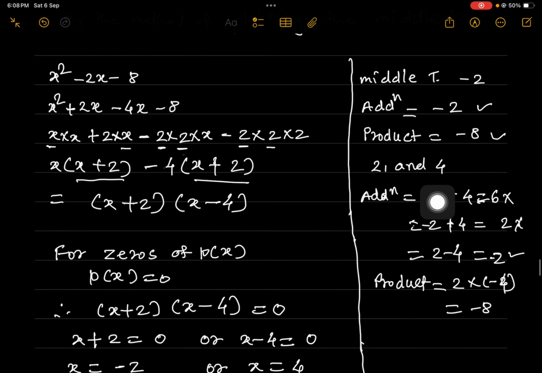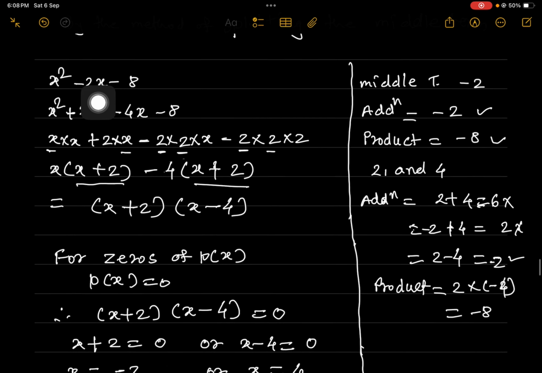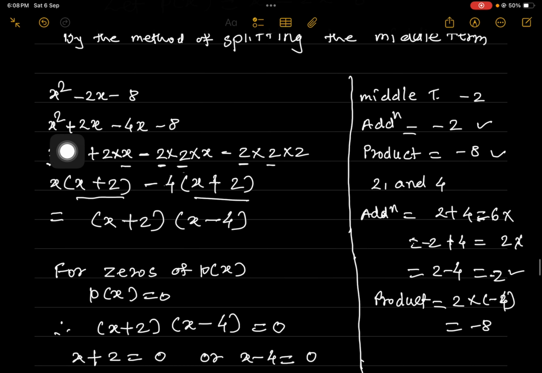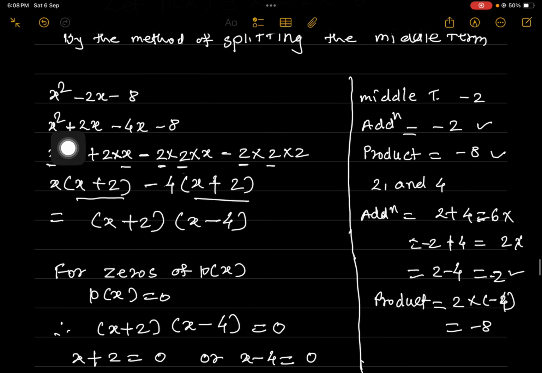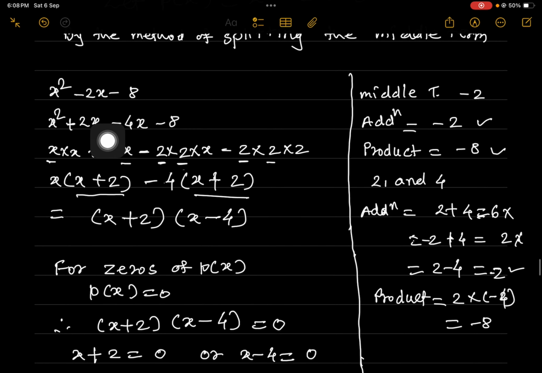Instead of minus 2x we write x square as it is, and instead of minus 2x we write plus 2x minus 4x minus 8. Their sum is coming minus 2x, so our polynomial is as it is, no change, and the product is also minus 8.